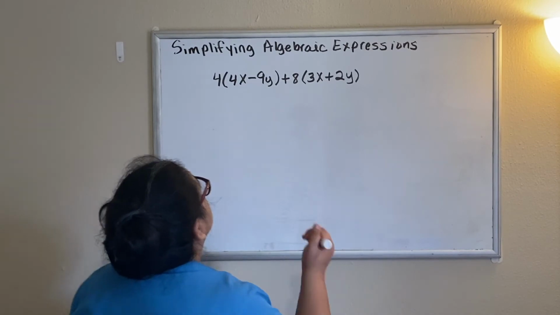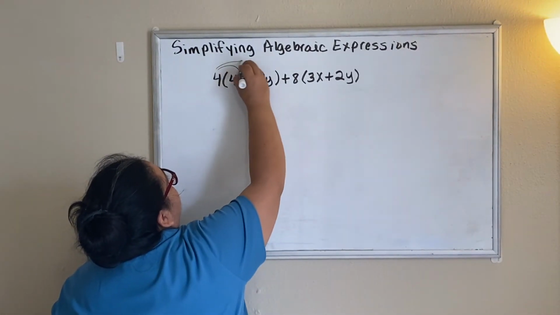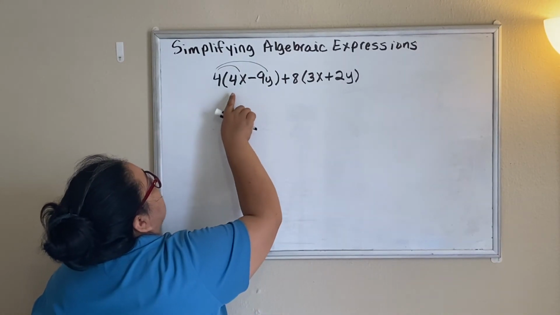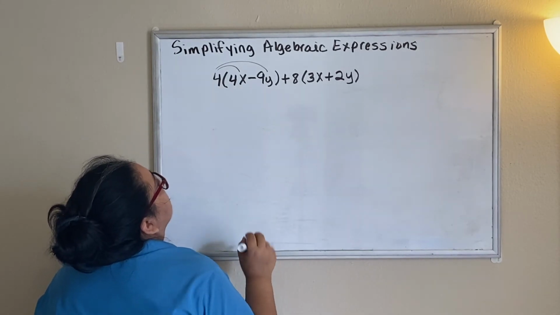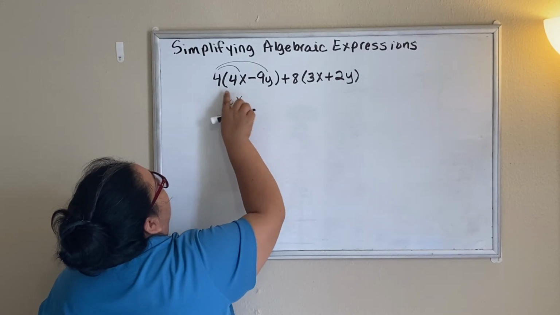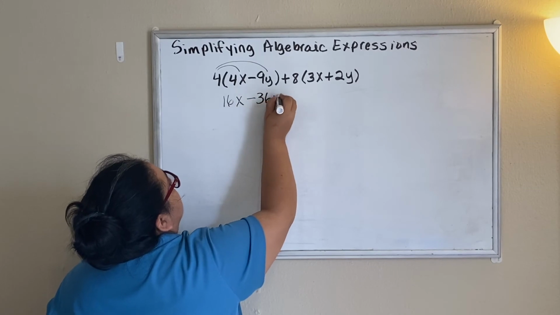So it looks like we need to do the distributive property on both of these different parts. So I'm going to distribute 4 to 4x and 4 to negative 9y. That means we multiply 4 times 4x and we multiply 4 times negative 9y. So 4 times 4x is going to be 16x. 4 times negative 9y is going to be a negative 36y.